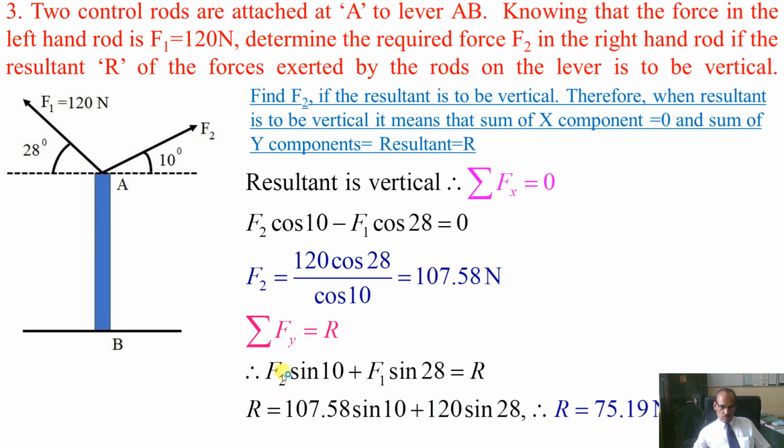Substitute this value here, and you will get 107.58 sin 10 plus 120 sin 28, and hence R will be equal to 75.19 Newton. So this is the second example which we have discussed.